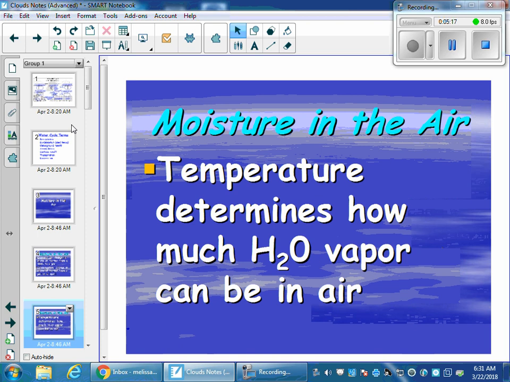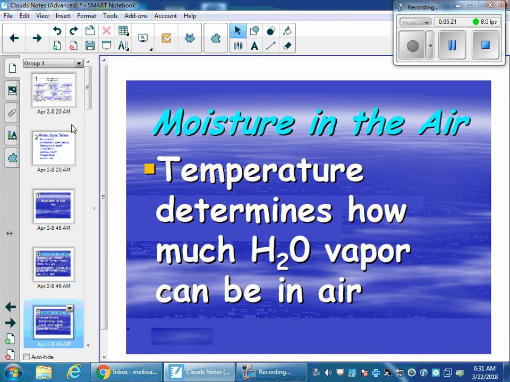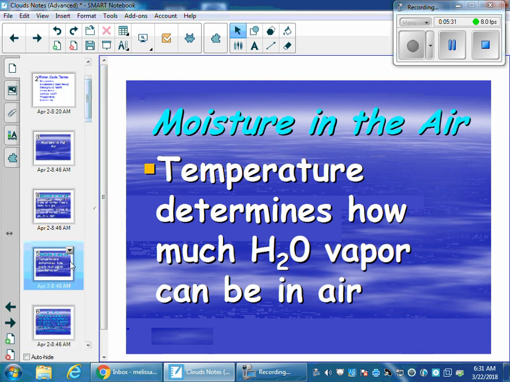Okay. Moisture in the air. Temperature determines how much water vapor can be in the air. So depending on the temperature, you can have more or less water vapor in the air, because if it's really, really cold, our air molecules are very, very close together, because they're condensed. That makes it much harder for water vapor to form in the air.